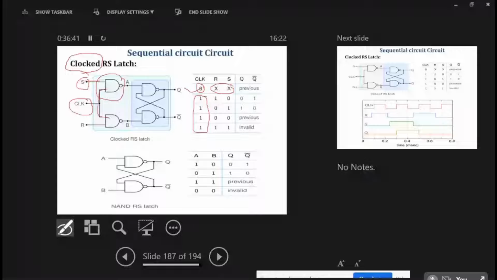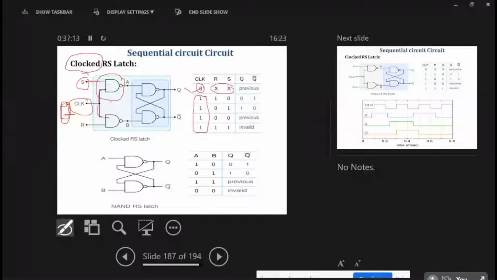How can we say that it will keep its previous value? If clock is 0, and I have already said that the property of the NAND gate is that if any of the inputs is 0, the output will be 1, regardless of the level of the other input.